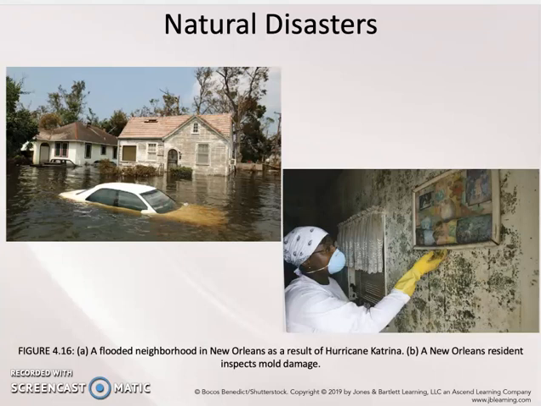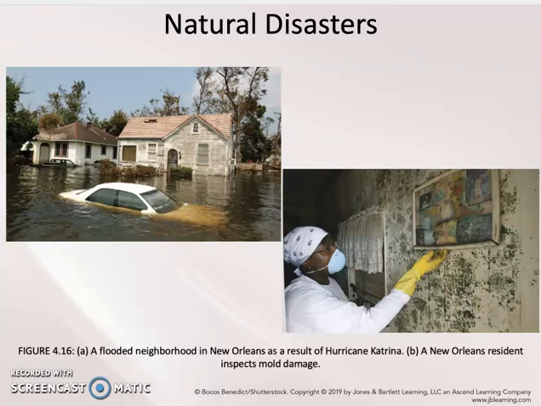In addition to that, especially in places like the United States, natural disasters can lead to a lot of flooding, such as we saw with Hurricane Katrina in New Orleans. These floods can cause a lot of moisture to be retained in buildings, and that building moisture can end up leading to the production and development of mold contamination on a lot of houses and other areas.